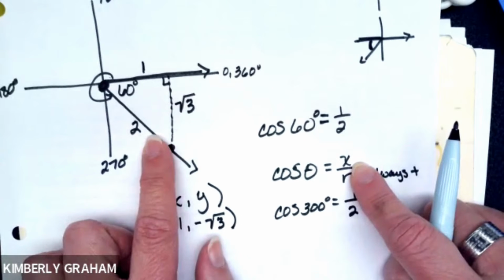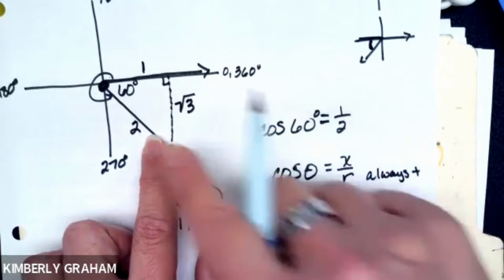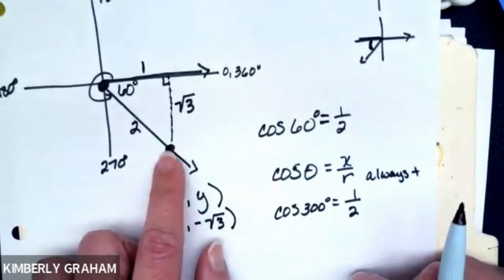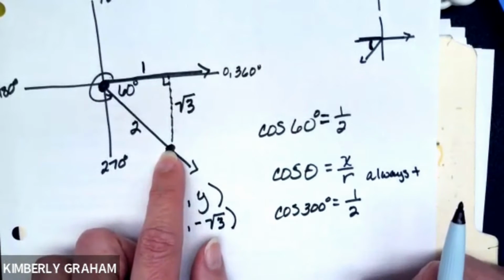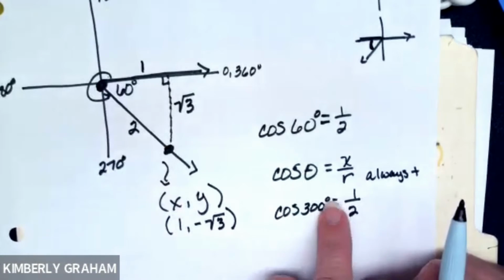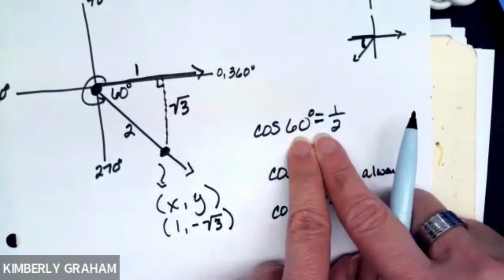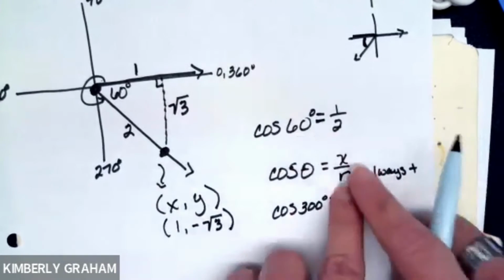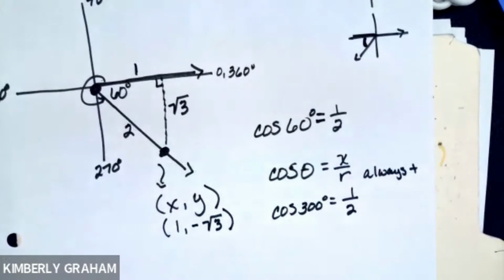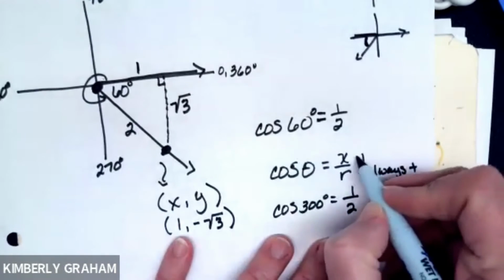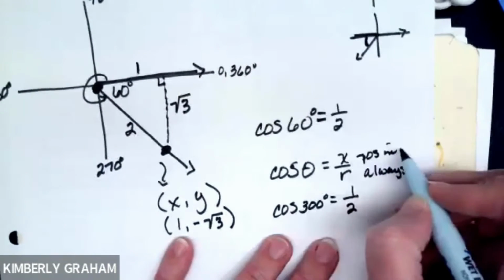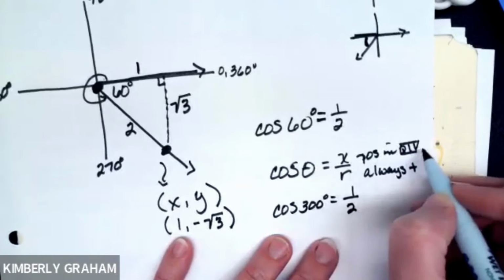Does that make sense? If I'm in quadrant 4, this X coordinate is positive. So my cosine of 300 degrees is going to be the same as the cosine of 60 degrees because my X value is positive. Right? X is positive in quadrant 4.